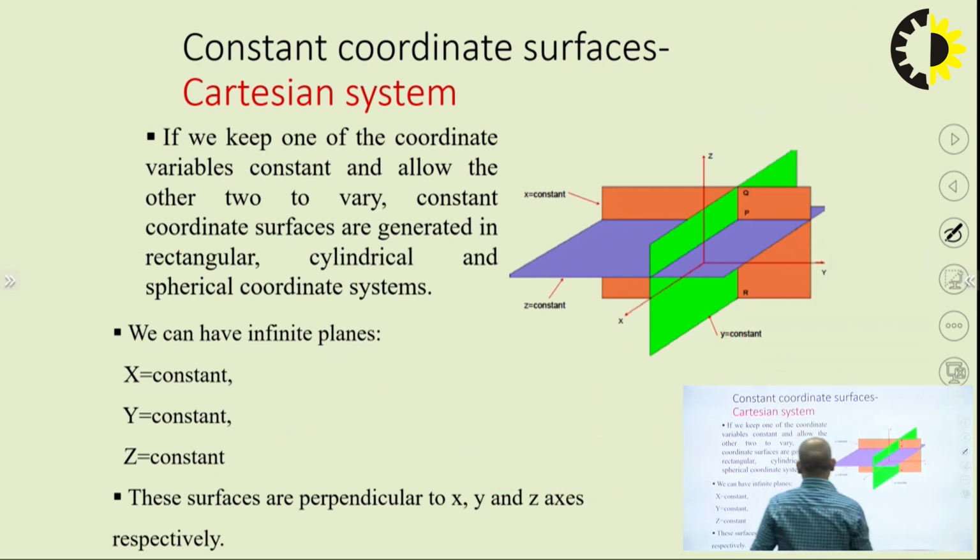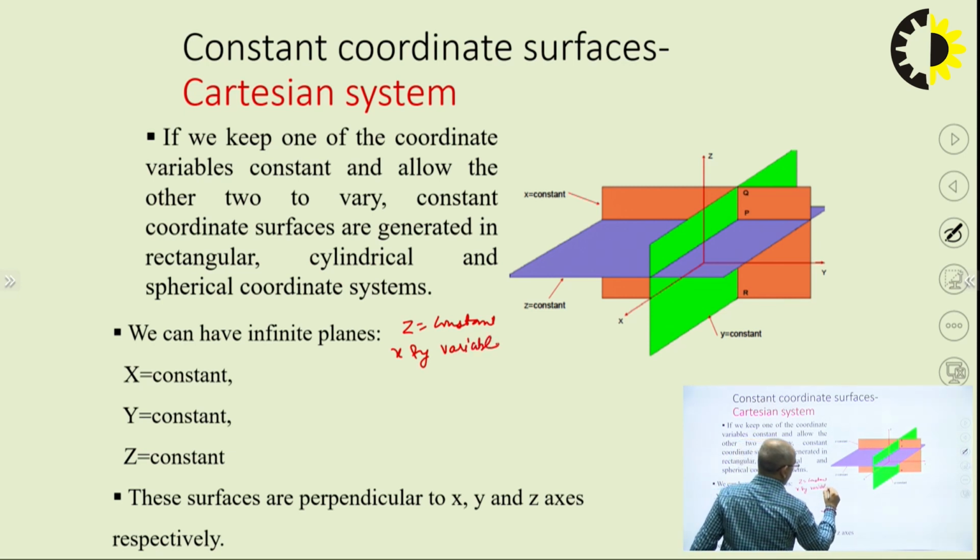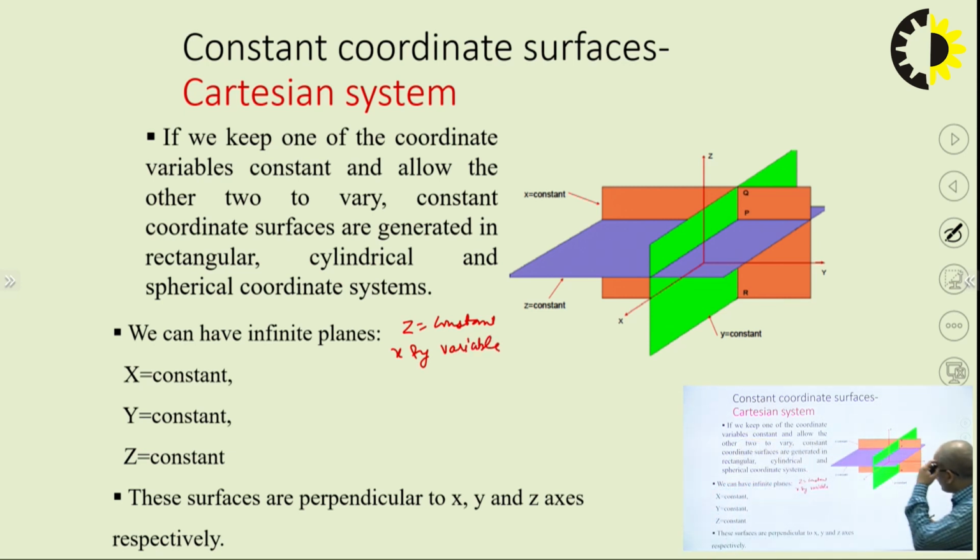Now for the next case, if z is constant and x and y are the variables, then this type of surface will be formed. The surface will be in the form of the xy plane.